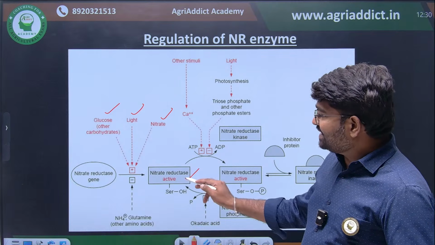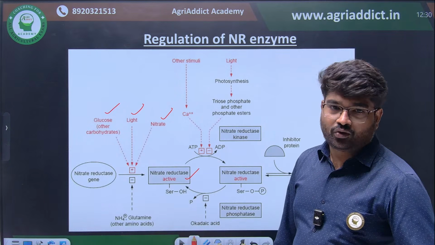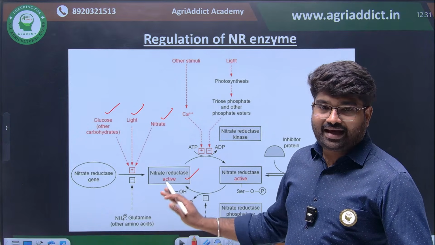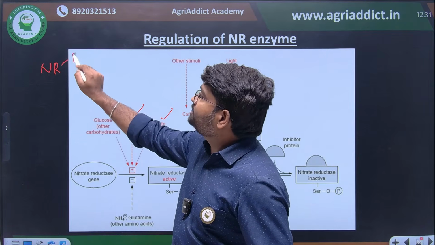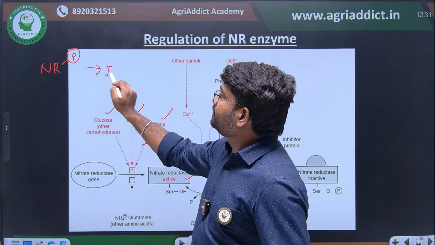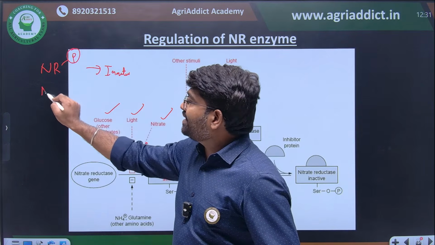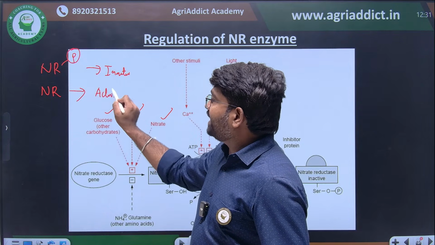This NR enzyme, if it is phosphorylated at a serine residue, will become inactive. Clear? If NR is in the phosphorylated form, it is an inactive molecule. If NR is present in the dephosphorylated form, it will be an active enzyme.